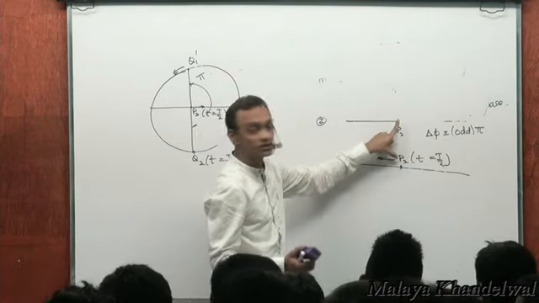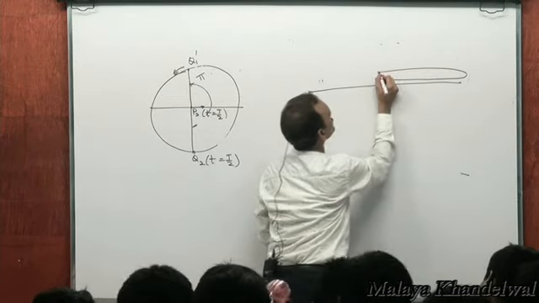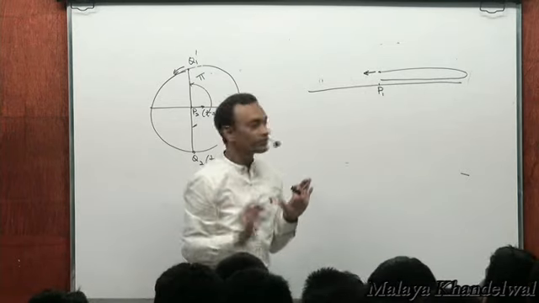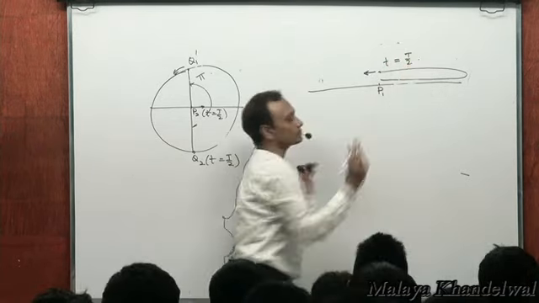When P2 is in this direction. See, her question is, at time t equal to capital T, this is P1. At time t equal to T by 2, P1 comes here and is moving like this.